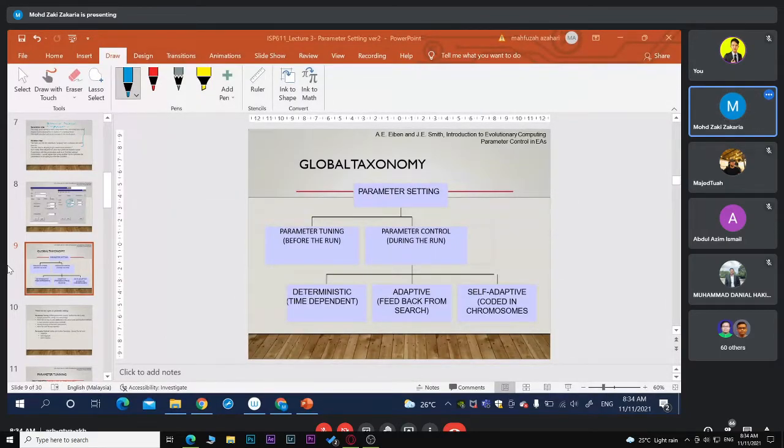Number one, this is the normal practice. This is manual, done by experiment. This is machine or computer control.